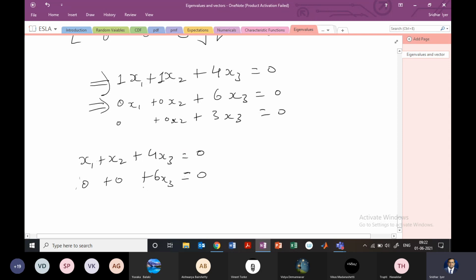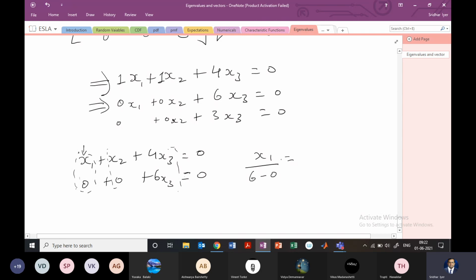Now you can take x1. I'll write x1 divided by, if I take x1, I will ignore this part and take the other two parts, that is just these dotted parts. So I will have 6 into 1, which is 6, minus 4 into 0, which is 0.